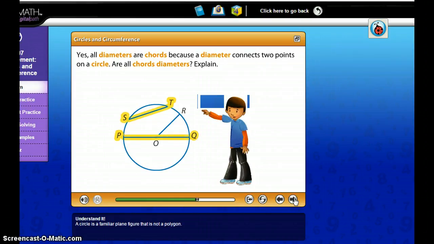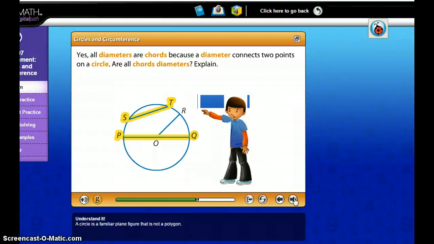Are all chords diameters? Explain. Why not, Abby? Because a diameter is through half the circle, and a chord is just any part that connects two parts of the circle. Right. A chord is a line that connects any 2 points on the circle. So yes, a diameter is a chord because a diameter does connect 2 points on this circle.